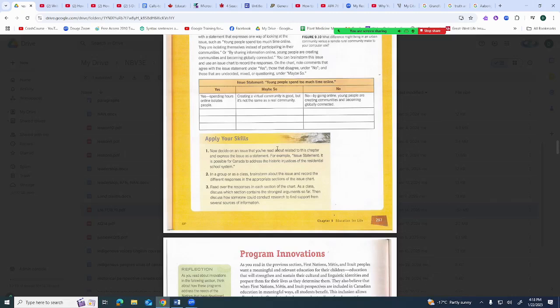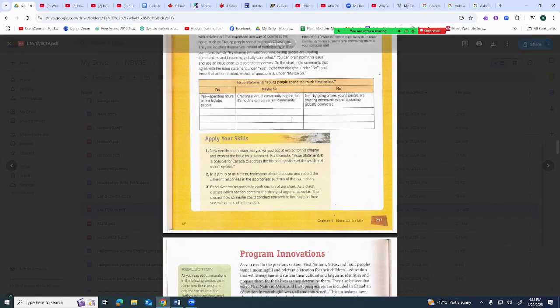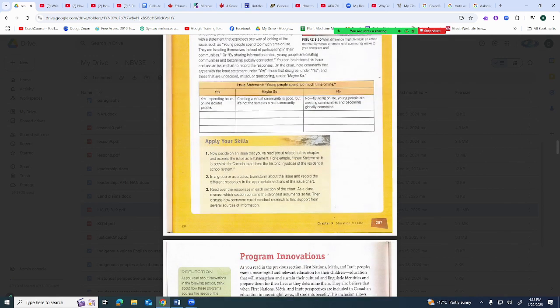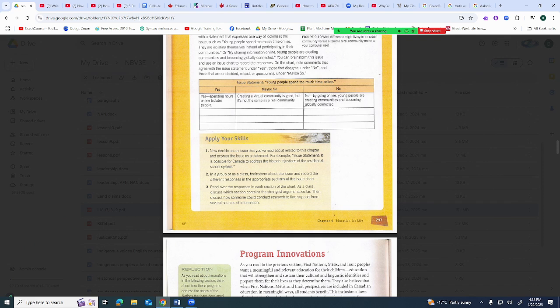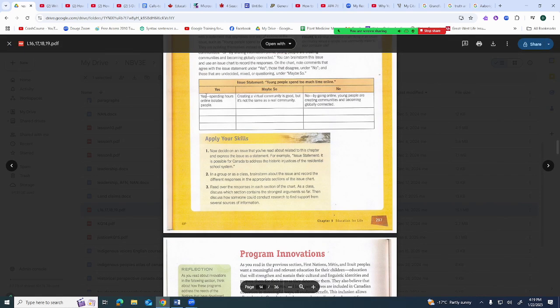So you can see how this table chart helps sort out the questions and opinions that we make when we are involved in academic writing or writing an essay, trying to figure out what angle we're going to take. So here's a table that can help you do that.